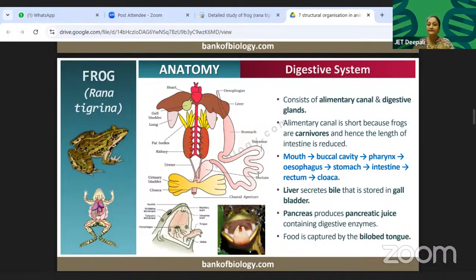Okay, liver secretes bile that is stored in gallbladder. See, the digestive system, the alimentary canal is more similar to our alimentary canal. Okay, that is why we are studying the frog in detail to understand the body of human beings better. In 11th class, no one is expecting from you that you should study the human physiology.